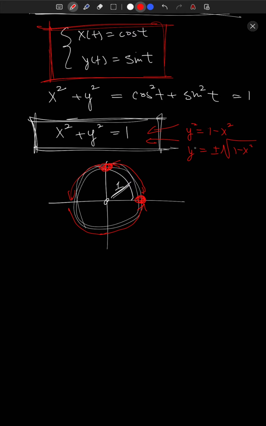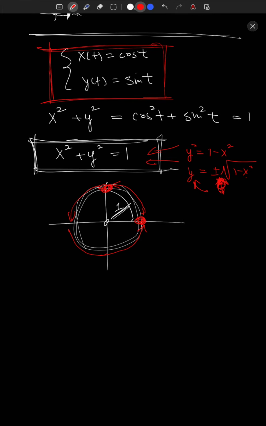But this is not a function because y has a plus or minus there, so for every x there are actually 2 possible y's. So it's really hard to work with the circle in this way. But now we know that if you want to work with the circle, alternatively, you can study this set of two equations right here.